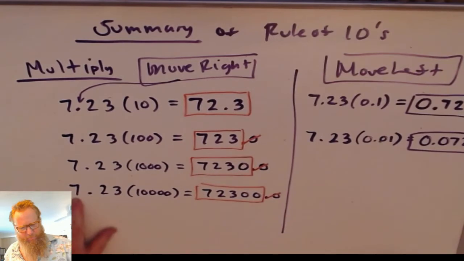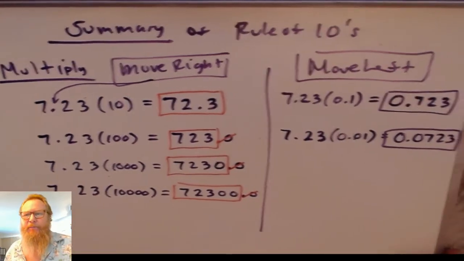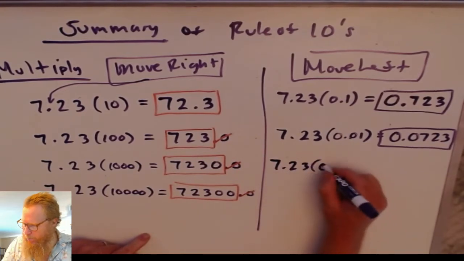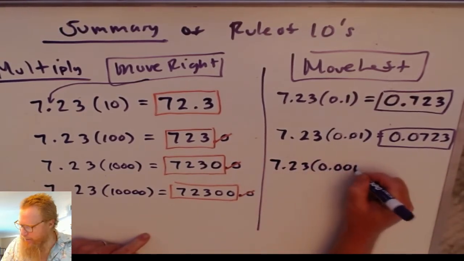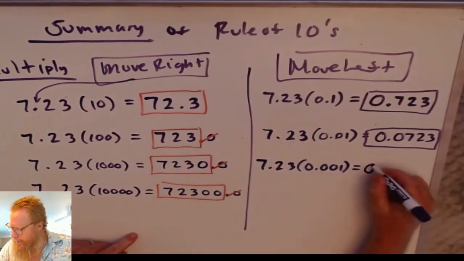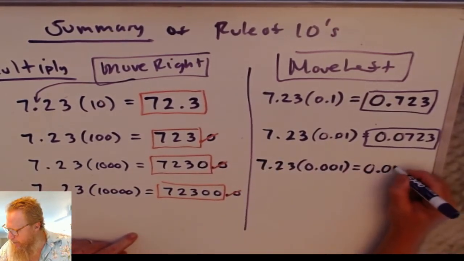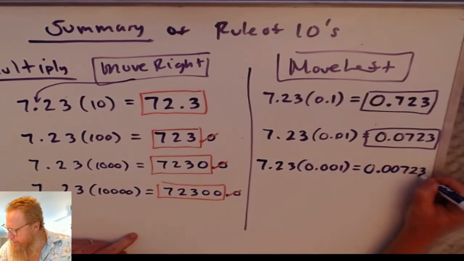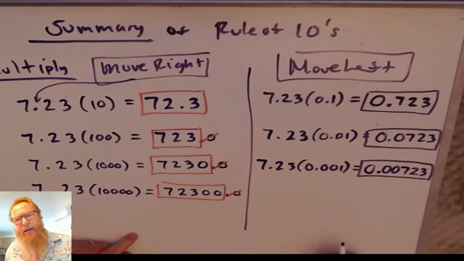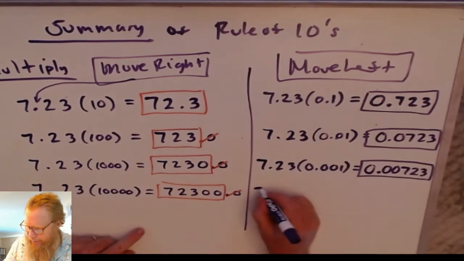So 7.23 is definitely not a power of 10. Here, you're going to go 7.23 times 1/1000th. So you're going to move it to the left, adding another 0. And you get 0.00723.